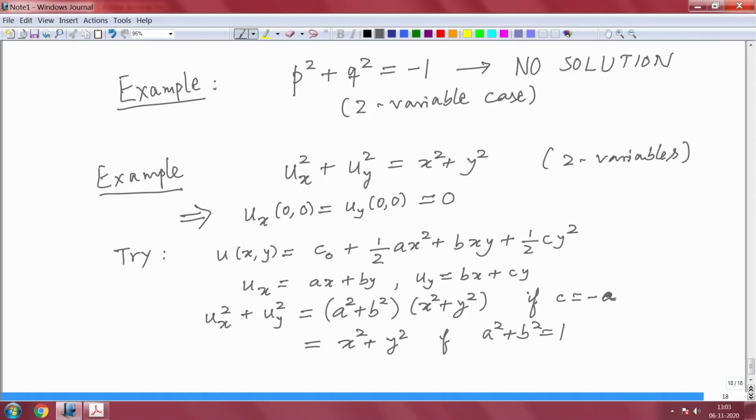Okay. So, let us call a equal to sin theta, b equal to cos theta, okay. You can check that.